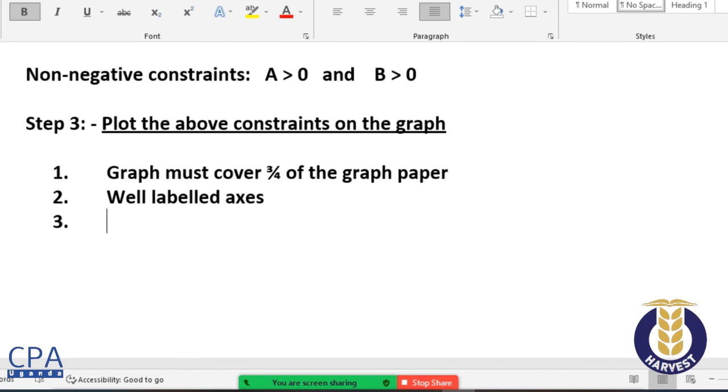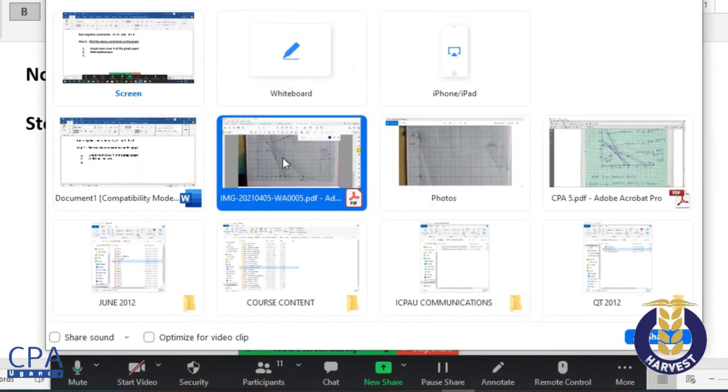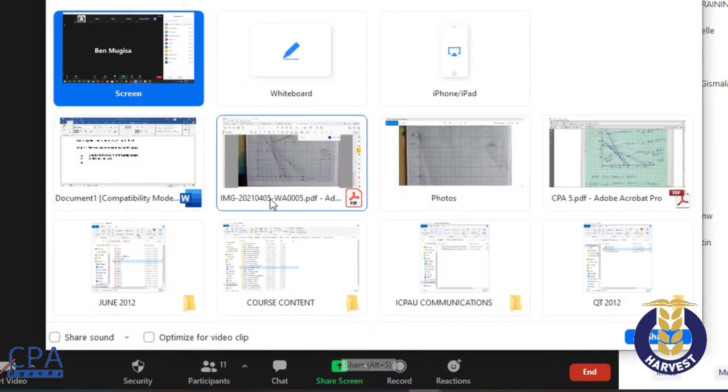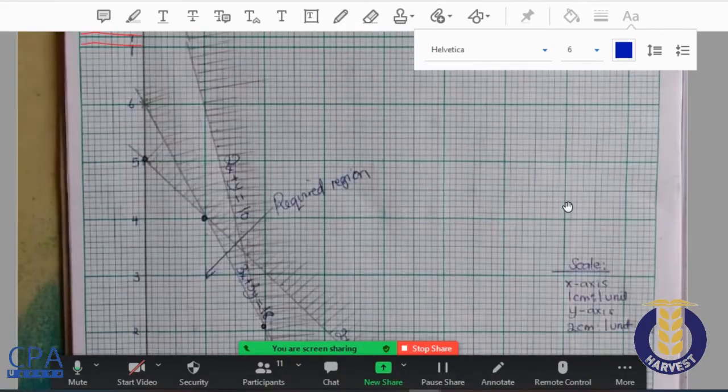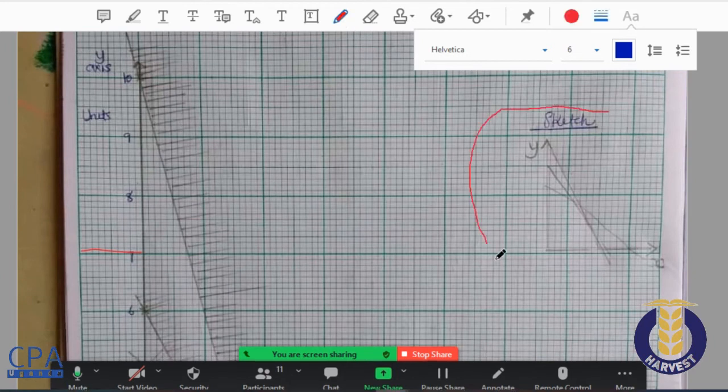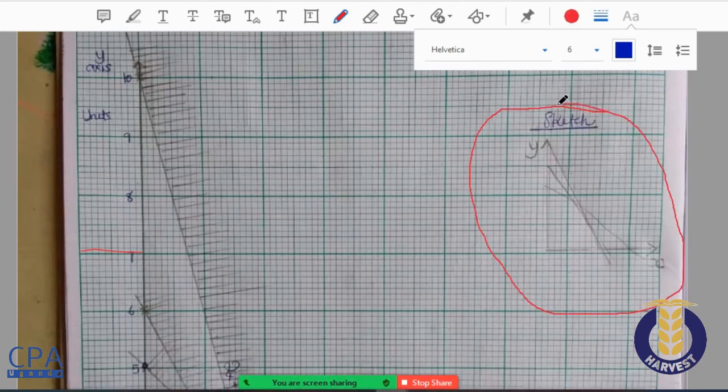Number 3 is that before you begin with a graph, you must have a sketch. Yes, the sketch is given here, but this sketch should not be done on the graph paper. It should be done in the answer booklet. You must sketch and determine where your lines are going to pass.